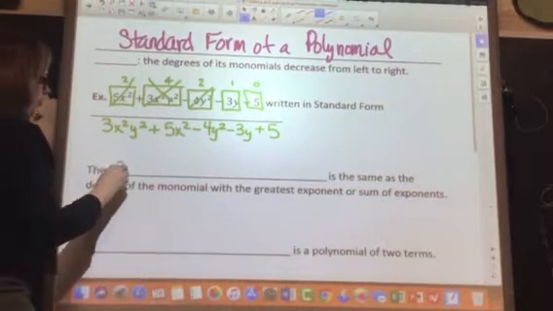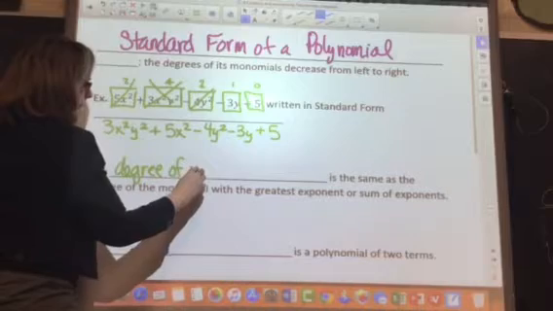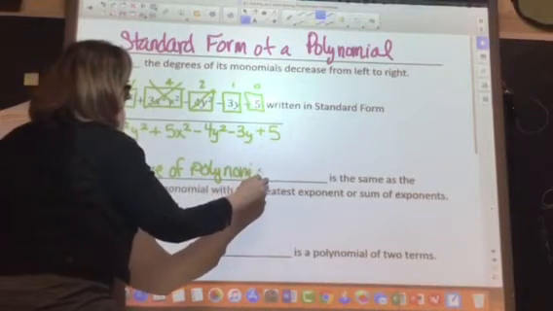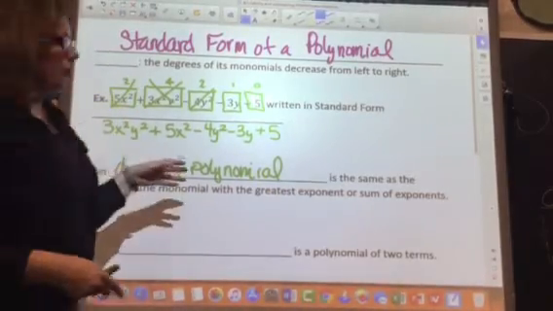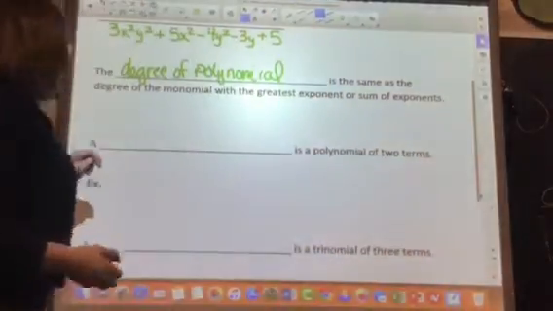Okay, the degree of a polynomial is the same as the degree of the greatest monomial inside that polynomial. So let's talk about that.